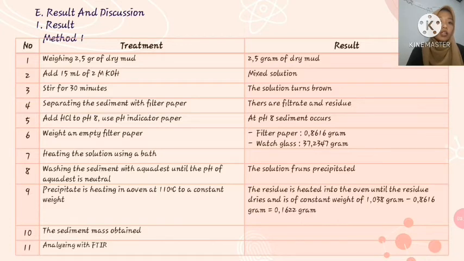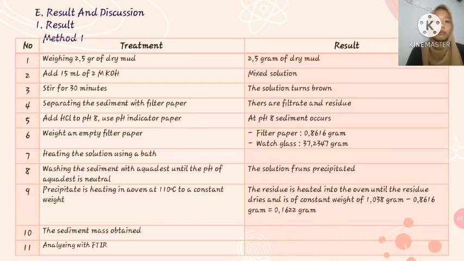The residue is heated in the oven until the residue dries and is of constant weight of 1.0668 grams and 0.86616 grams to be 0.1622 grams.